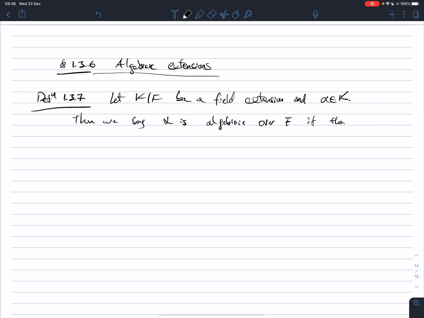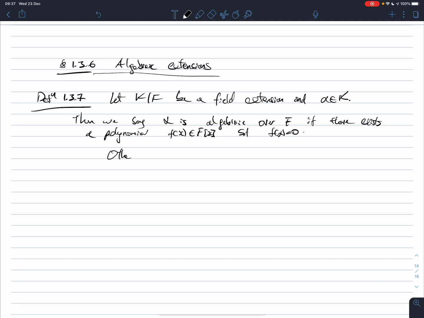if there exists a polynomial, say f of x in F[x], such that f of alpha equals 0.